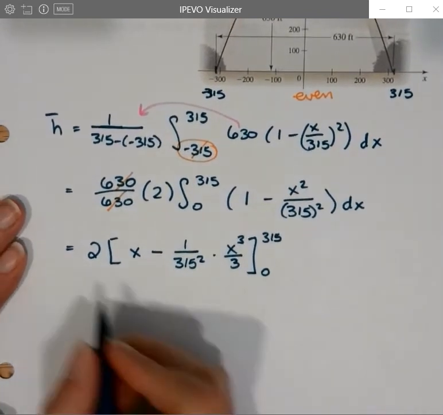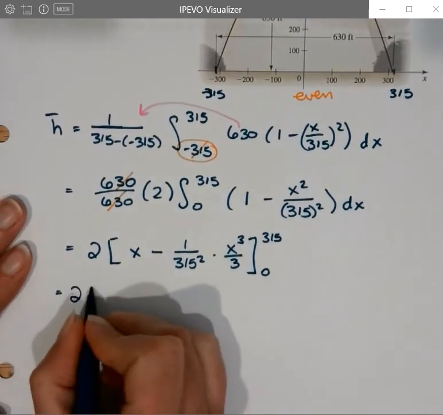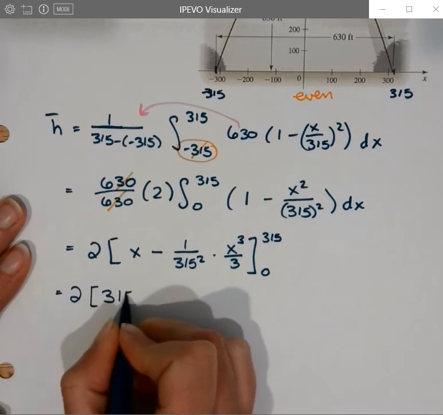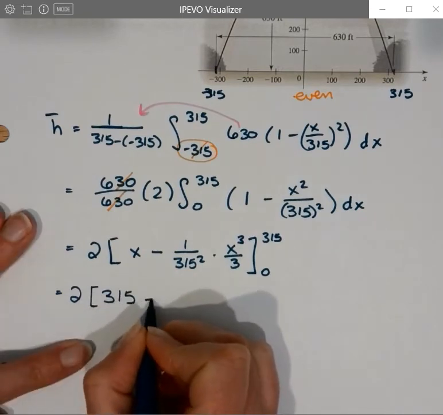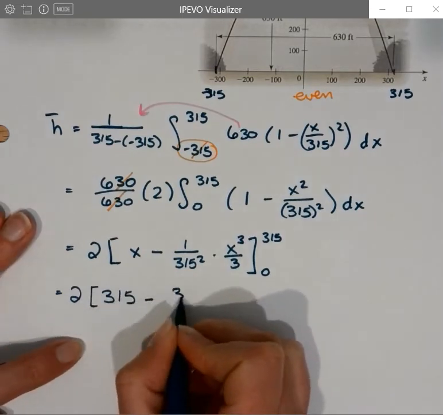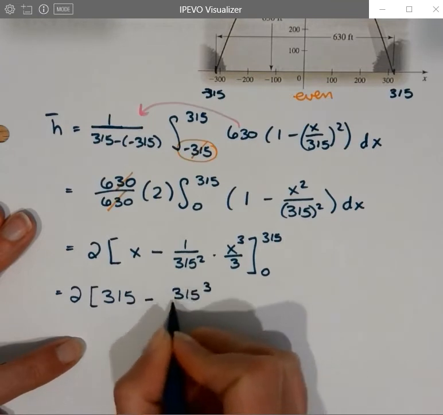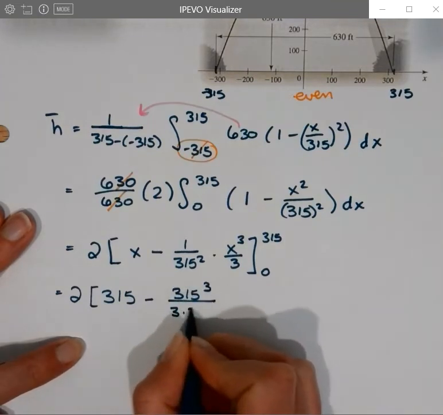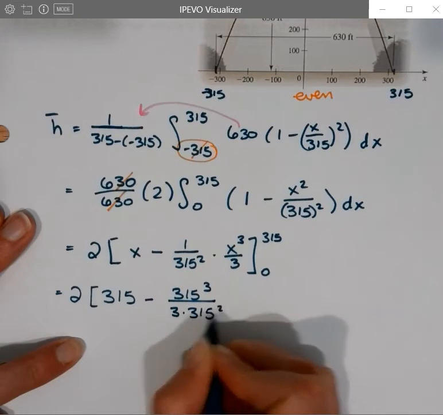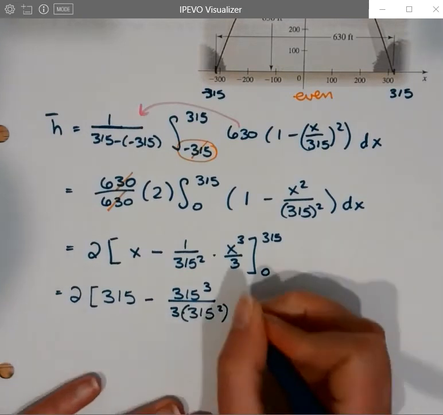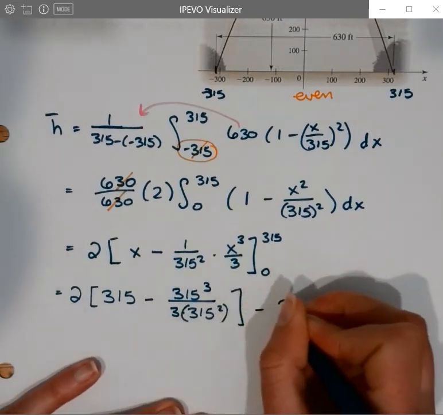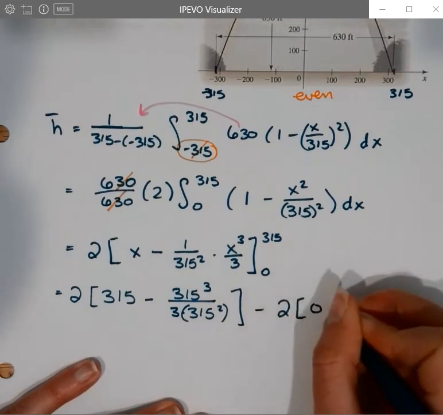Okay, so we have 2 times 315 minus 315 cubed over 3 times 315 squared. And then we have minus 2 times 0 minus 0.